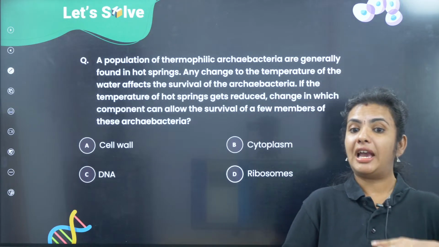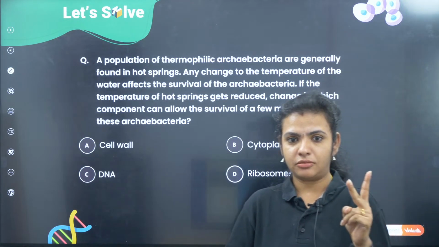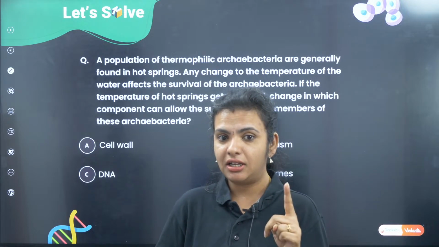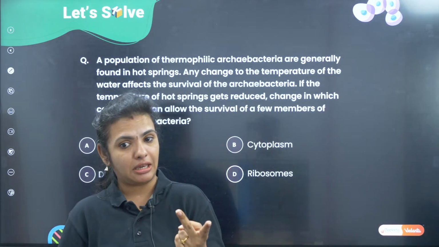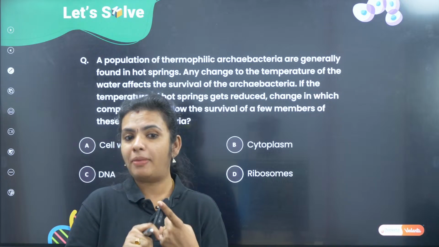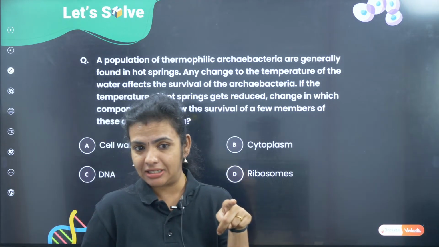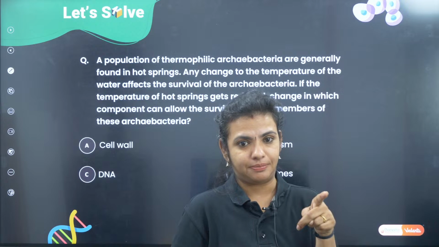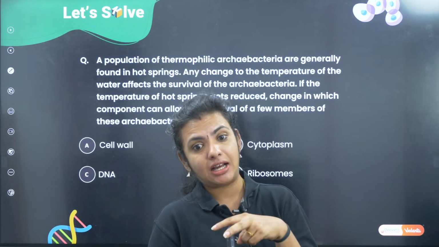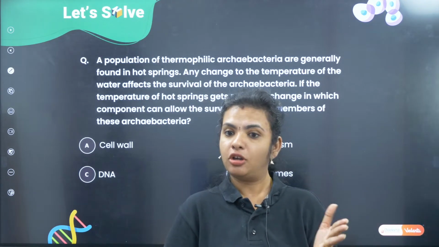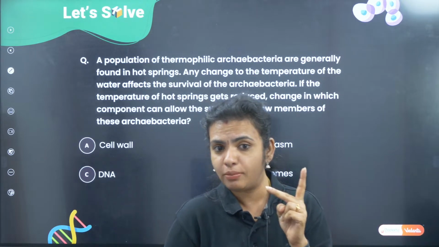We have two groups of bacteria. One is called eubacteria. The other one is called archaebacteria. Eubacteria are the normal bacteria. They are called true bacteria. Archaebacteria are special bacteria. So what are the two bacteria?